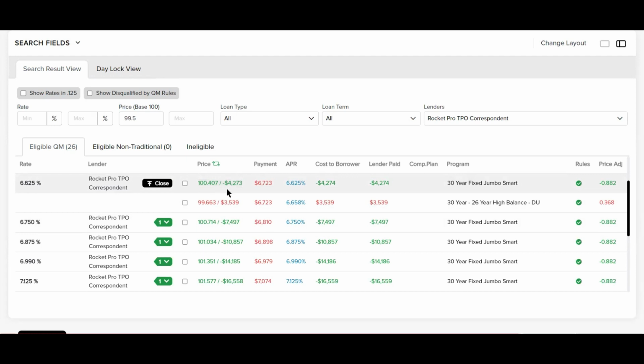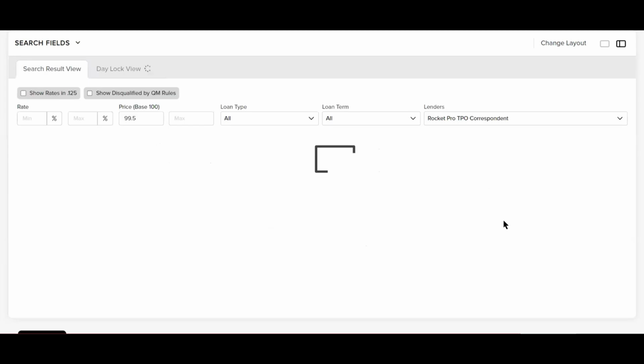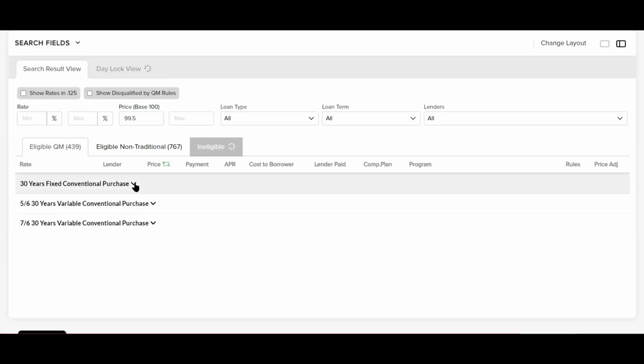On the jumbo side, it may be a total of 45 or 43% DTI, depending on the lender. So you can figure that out by saying, okay, let's use 45% DTI. I'm searching for the same loan again, that high balance or jumbo.